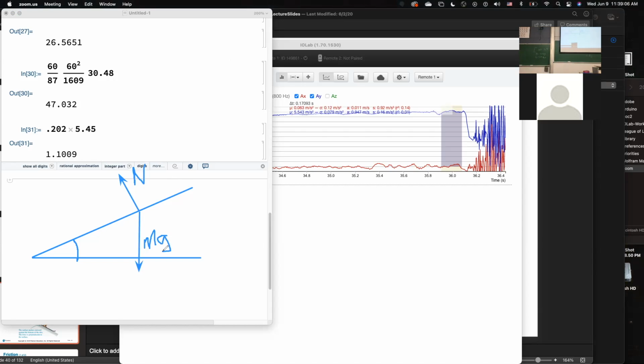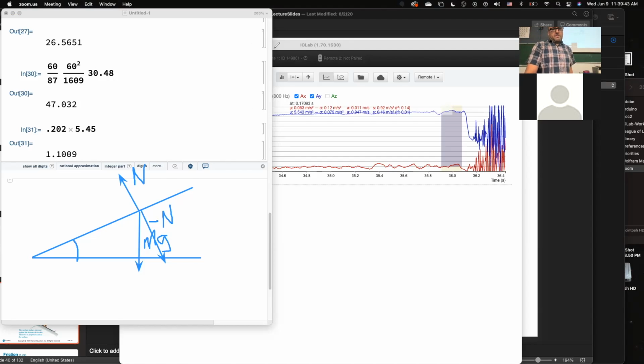Okay, so if I say my sensor exerts an equal and opposite force on the block, then there's going to be a force like this, right there. That'll be the negative of my normal force. So it'll be minus N.